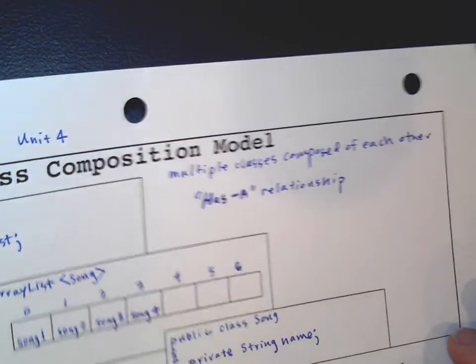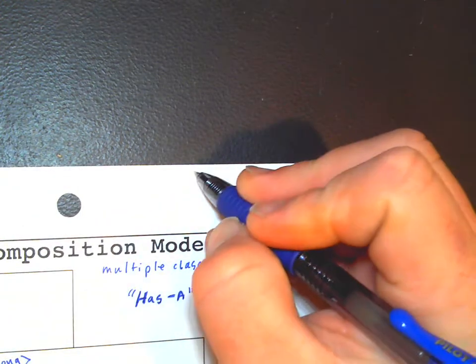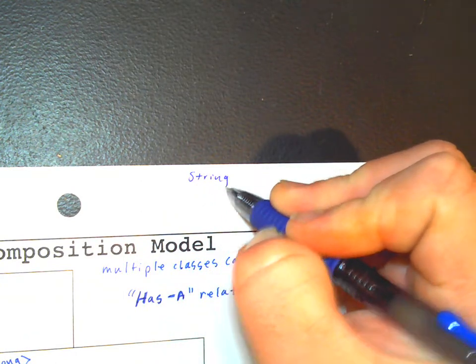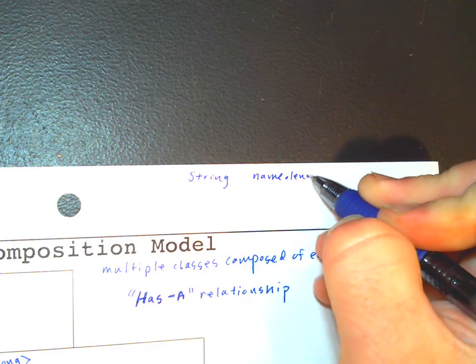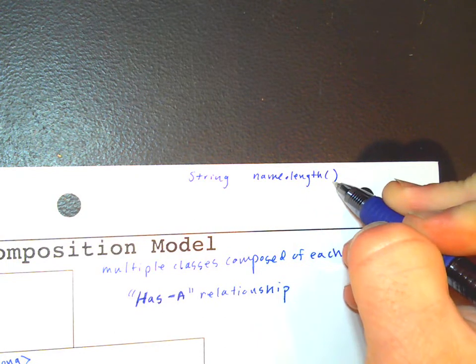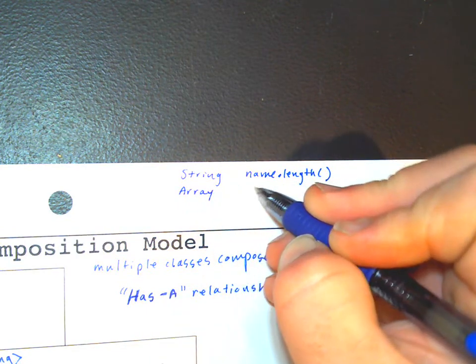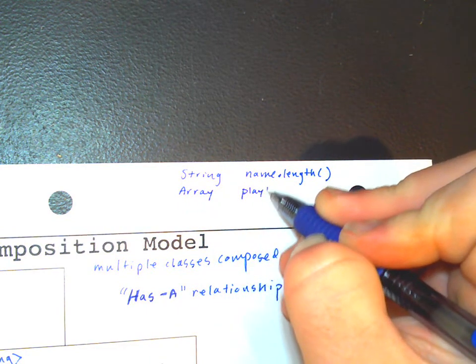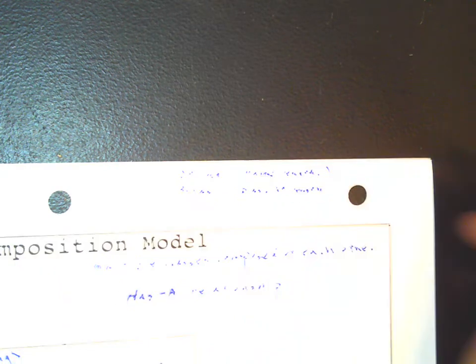Let's see some other things to remember. The weird thing is all these different length things. For strings, it's name dot length with parentheses. For an array, it would be, say, playlist dot length without parentheses.